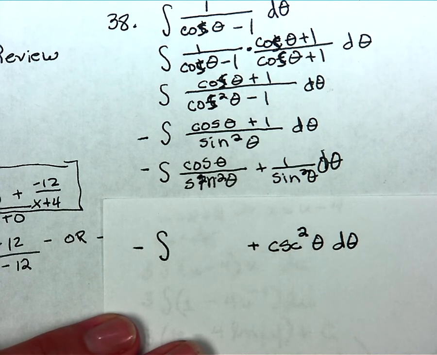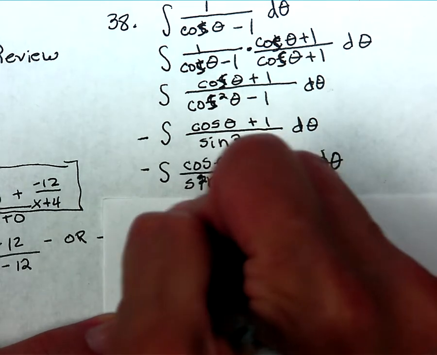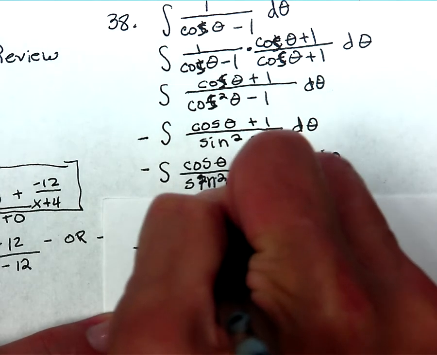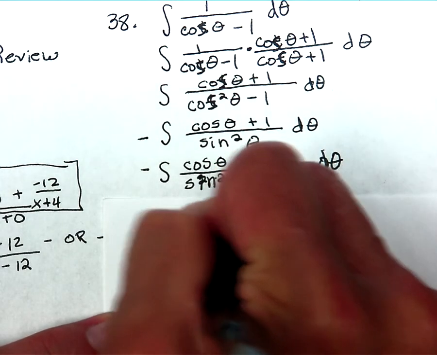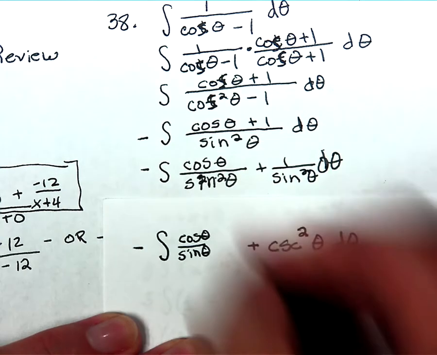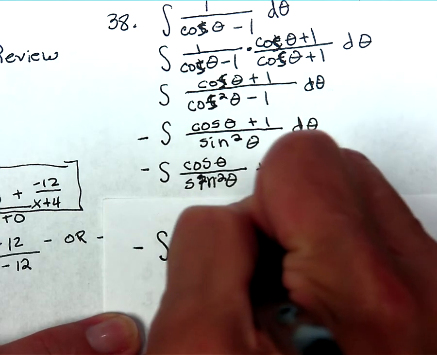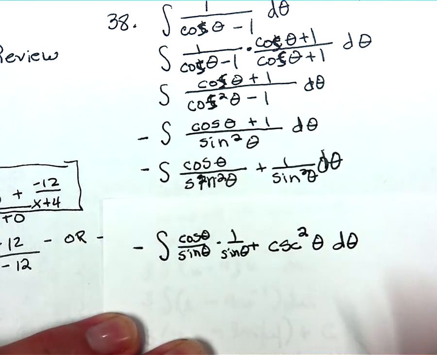I think I would need to put in a middle step there, just knowing my brain. Cosine over sine times 1 over sine. Is that right?